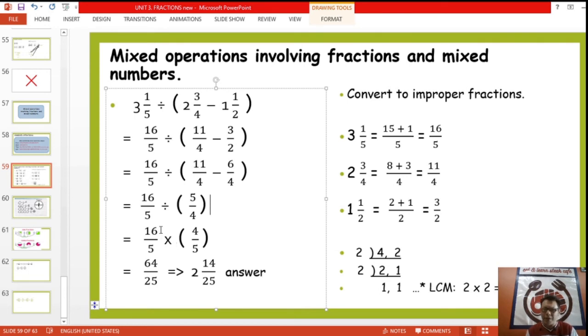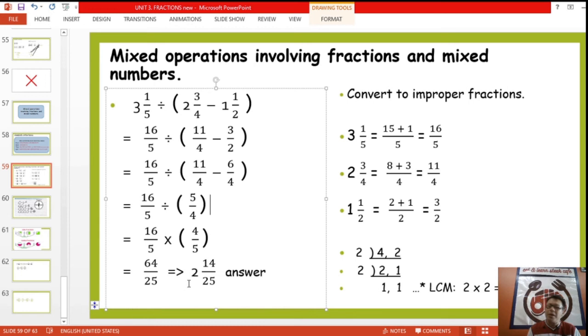So if we multiply this, 16 times 4, we have 64, and 5 times 5 is 25. Now, is this the final answer? No. Why? This is an improper fraction. Remember? So if this is an improper fraction, we have to convert this back to what? Mixed numbers. Correct.